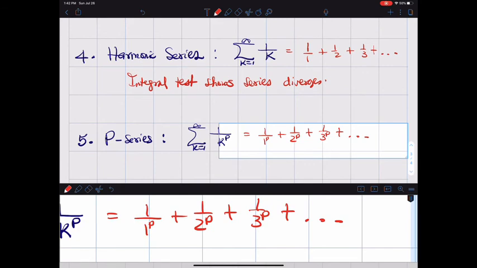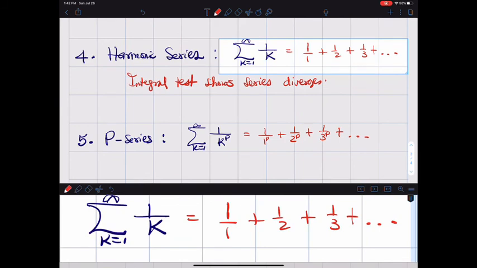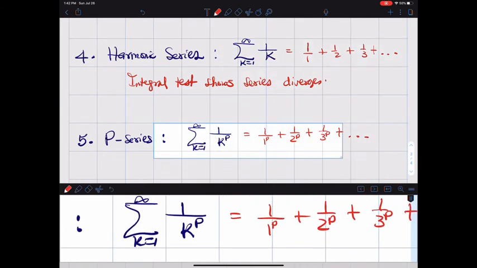The convergence or divergence of this series will depend on the value of p. So for instance, if p is 1, then we just end up with the harmonic series, which diverges.